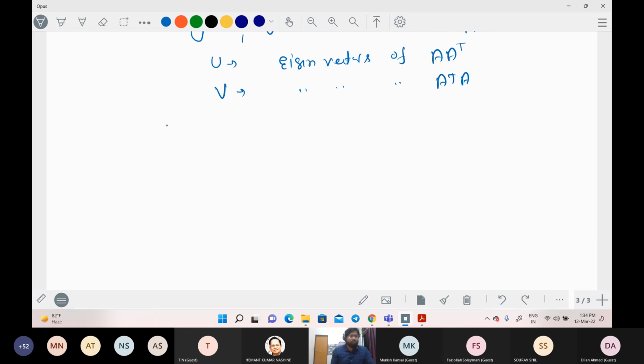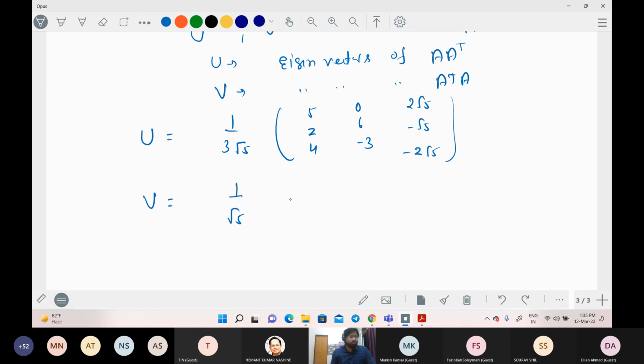I have computed U and V and I'm writing them directly. U will come out to be 3 root 5 and 5, 2 root 5, 4, 0, 6, minus 3, 2 root 5, minus root 5, and minus 2 root 5. I simply computed the eigenvectors and wrote them into the columns of U. And V comes out to be 1 by root 5 times 1, 2 and 2, minus 1.